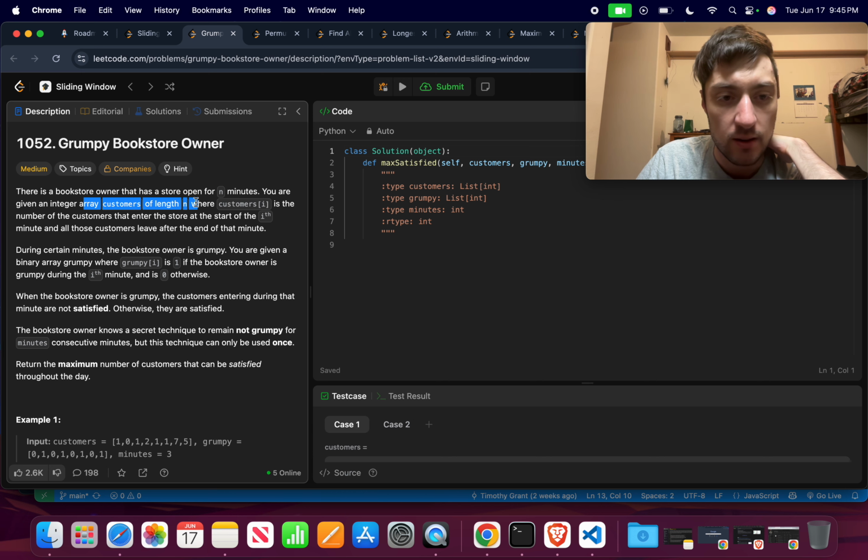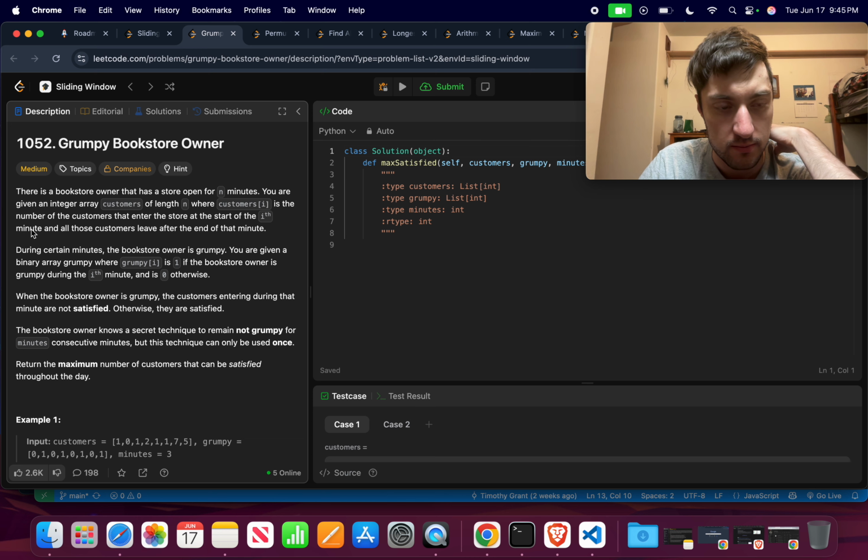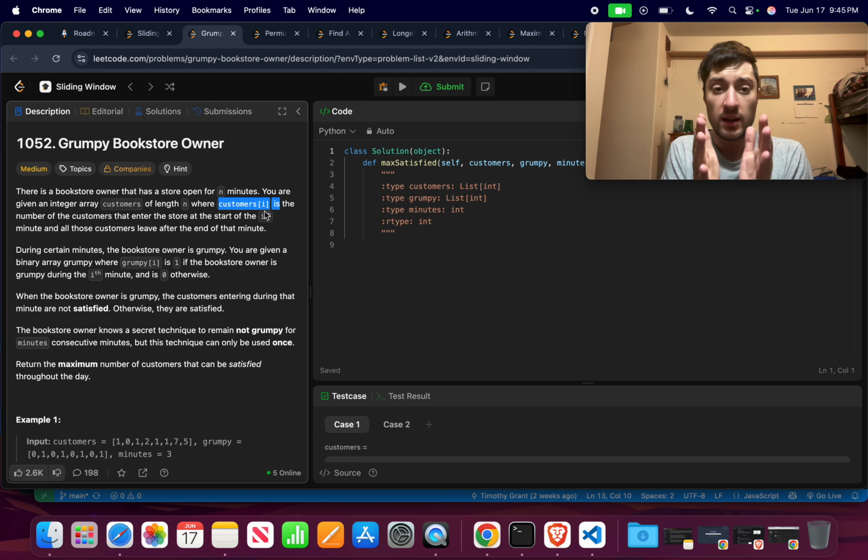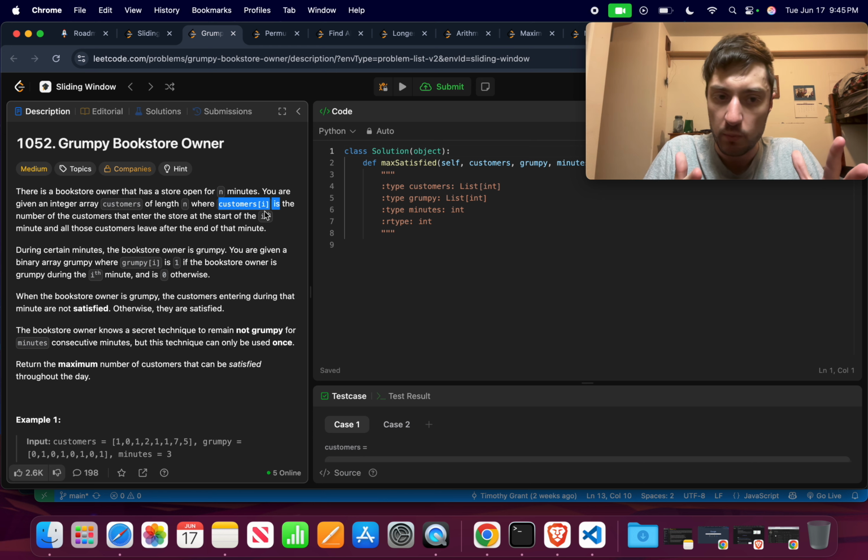Of length n, where customers[i] is the number of customers that enter the store at the start of the ith minute. So customers[i] is an array where each element is how many customers entered the store at that minute.